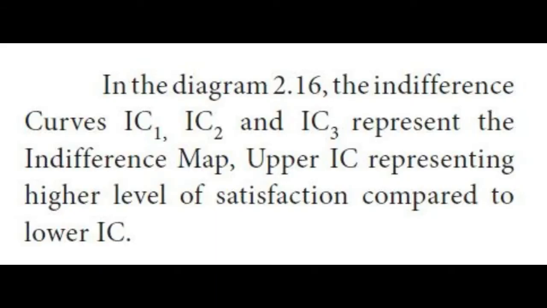The upper IC represents a higher level of satisfaction, that is IC3. The lower IC represents a lower level of satisfaction of the consumer, so IC1 is the lowest level.